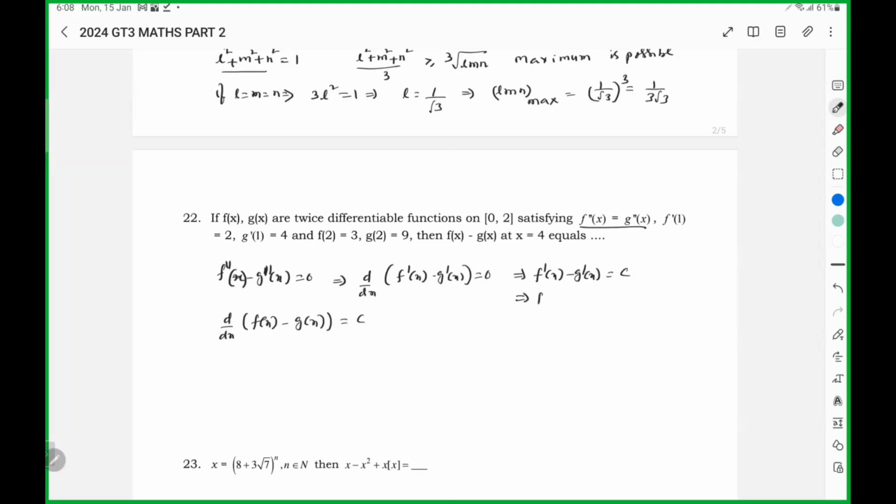From here, f dash 1 minus g dash 1 is c. f dash 1 is given as 2, g dash 1 is 4, which implies c is minus 2.